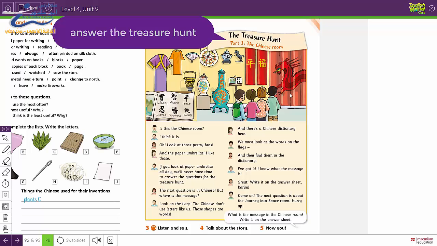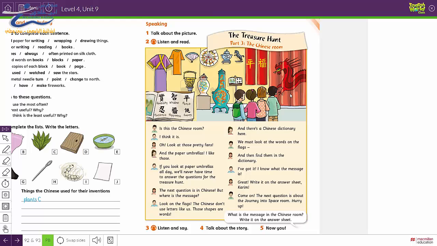When they entered the museum, they found the treasure hunt, and in order to get the prize, they have to answer 4 questions. The first question was in the Egyptian room, and here, the second question in the Chinese room. Look at these things in the Chinese room.